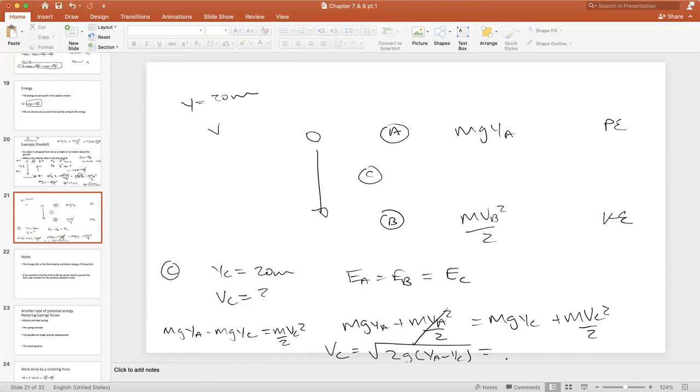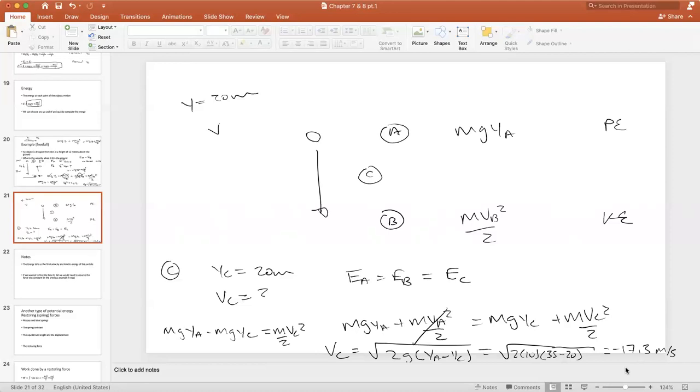And g again is 10, 35 minus 20. And what do we get? 20 times 15, square root of that answer is 17.3. 17.3 meters per second, again, downward from the picture.